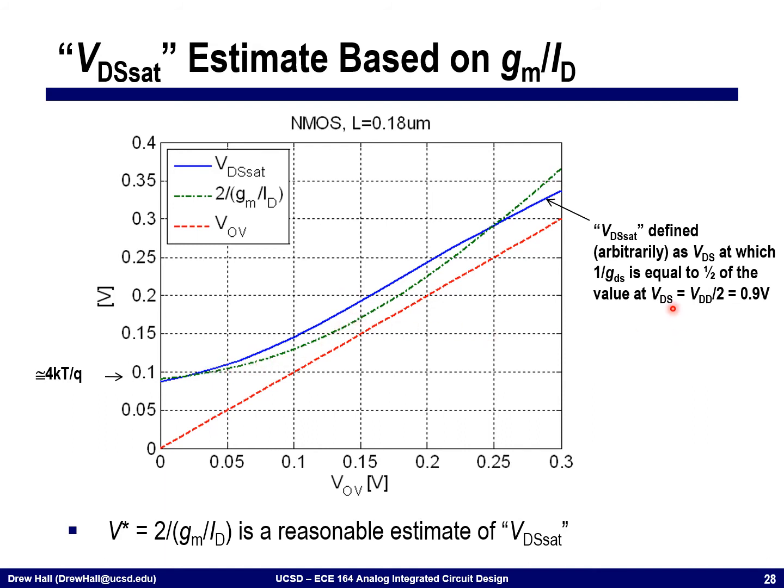And again, this is where we come up with this definition of VD sat, where once we get about 4 kT on Q above this minimum voltage, we have a reasonable estimate of what VD sat is. Okay. If you're familiar with the terminology of V star, this is another quantity that is a reasonable estimate of VD sat. So V star is typically 2 divided by GM over ID.